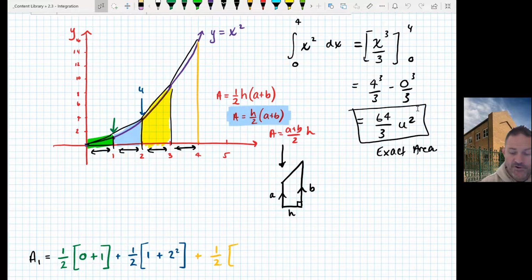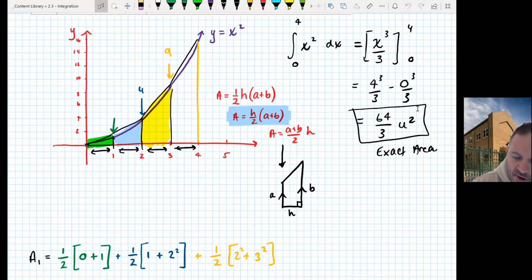Now, we've still got the 4 again because that's the left-hand side, plus, and now it's 3 squared. I'm going to leave that as 2 squared, just because I've got it there. And that's because the formula says y equals x squared, 3 squared is 9, so the height is 9.